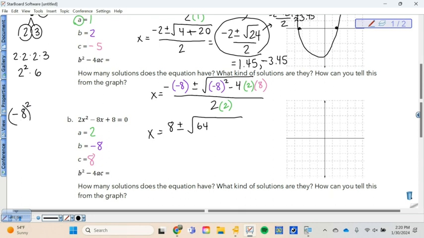It should be -8 times -8 becomes positive. So 64 minus, what's 4 times 2? 8. And then 8 times 8? 64. And then all divided by 2 times 2 is?